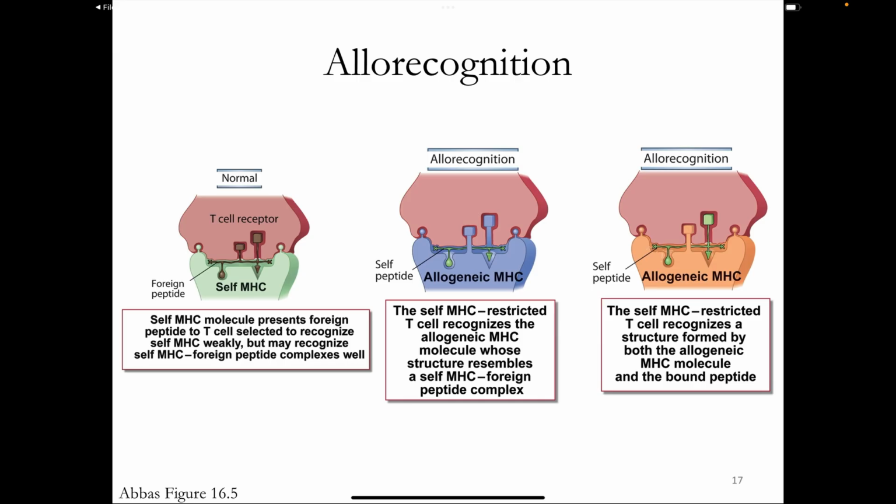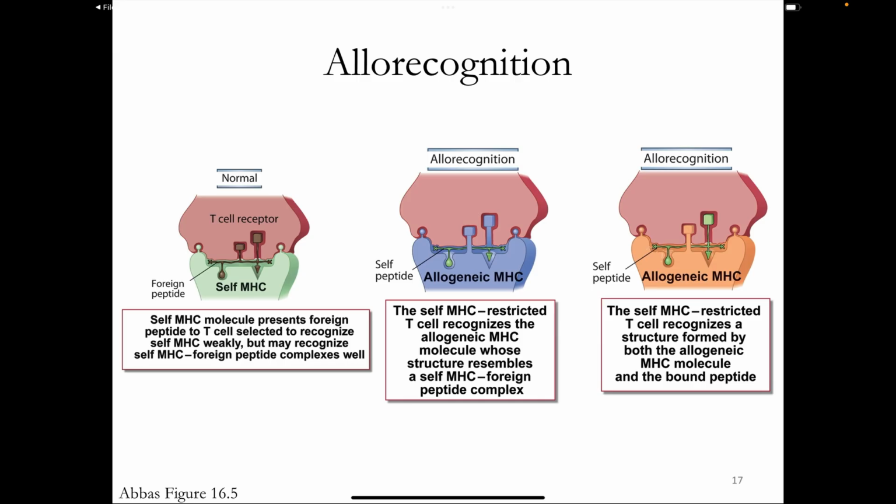You can also see a situation where that foreign MHC could look like self-MHC plus peptide when it's combined with the right peptide. And so here you can see, the foreign MHC is giving some amino acids, the peptide is giving some amino acids as well.